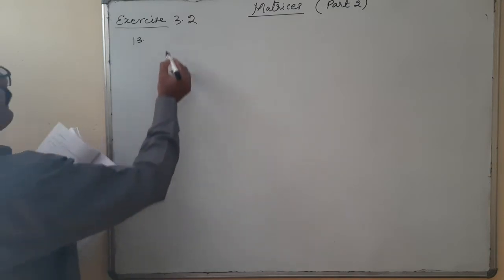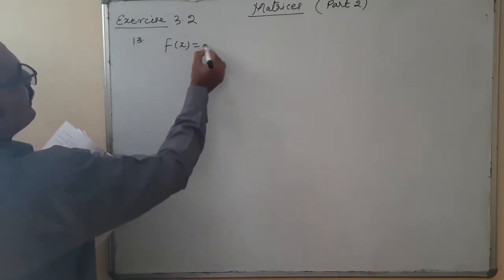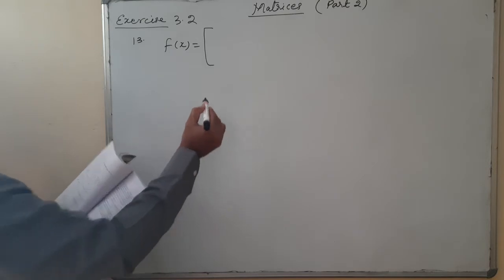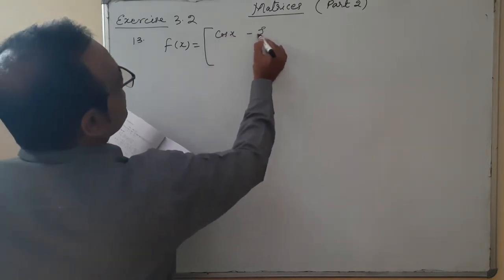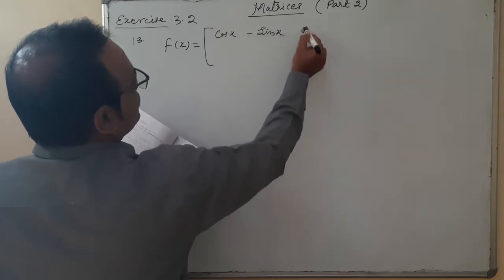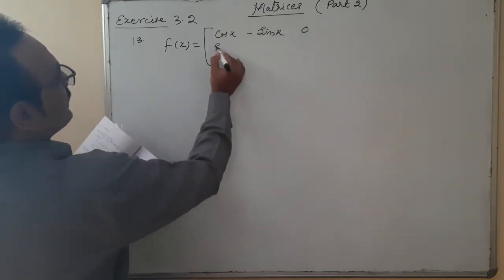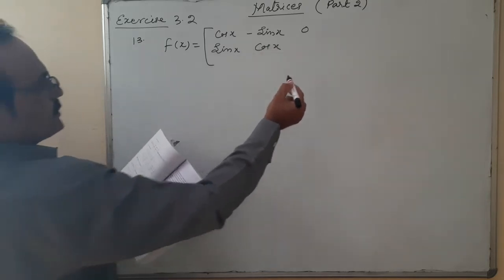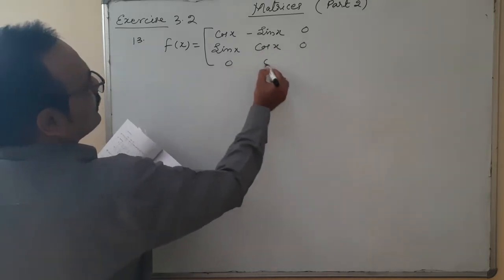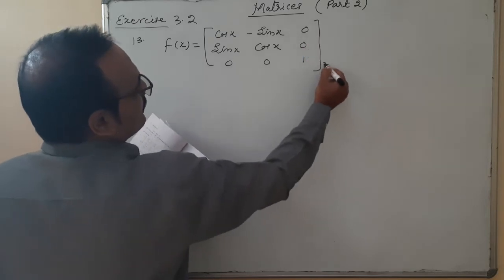13th question: if f of x is equal to the matrix cos x, minus sin x, 0; sin x, cos x, 0; and 0, 0, 1. That is a 3 cross 3 matrix.